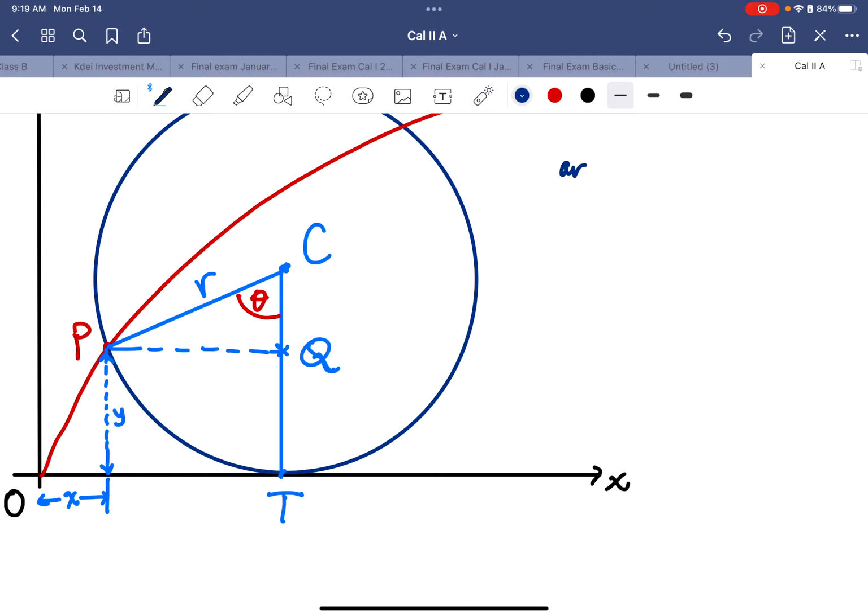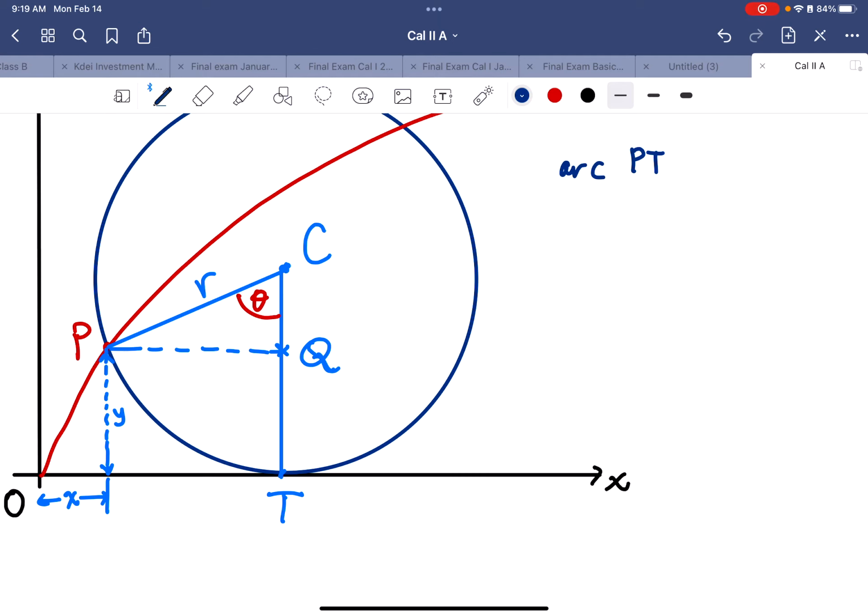So let me write the arc of PT. The arc of PT, which is the circle with the angle theta, having the radius r, angle theta, so the arc will be r theta.